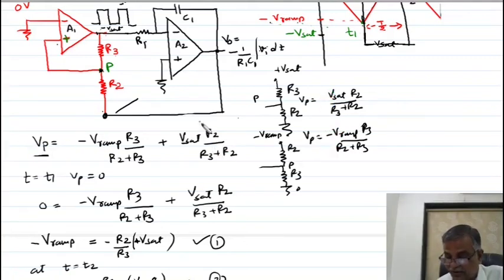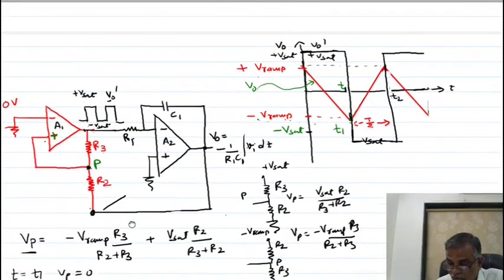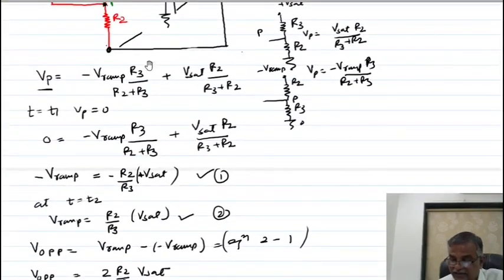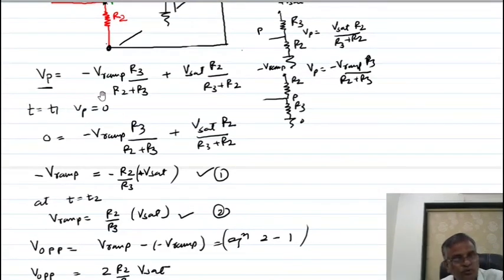So at time t1, the potential at this point is nothing but 0, slightly near to 0. So I have written 0. So from this I get the value of minus V ramp. This value I got. Now I want to get the value of plus V ramp. If you want to get the value of plus V ramp, then here I should write minus V set, here I should write plus, and then I have to do the addition.